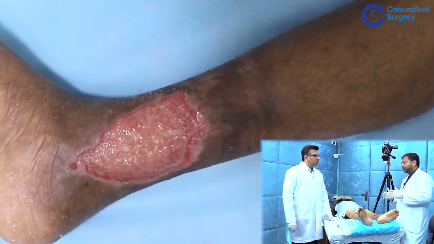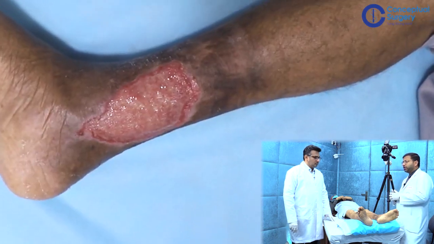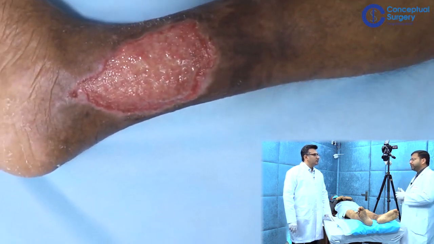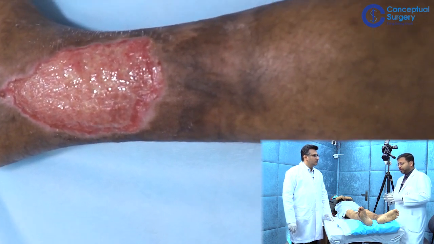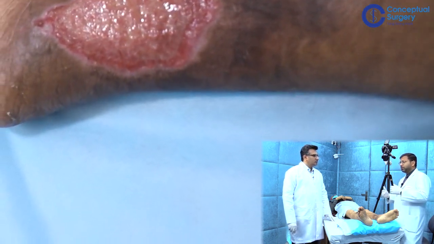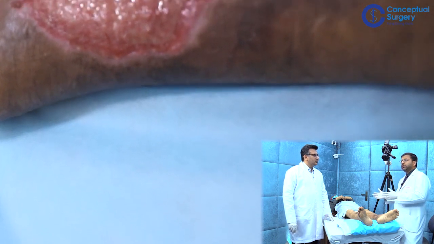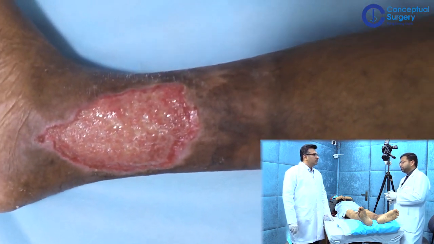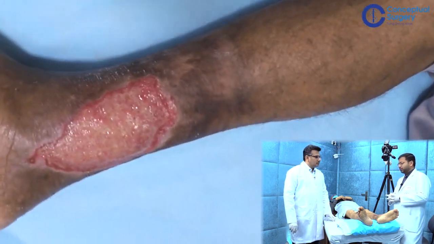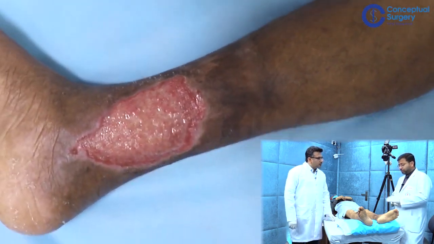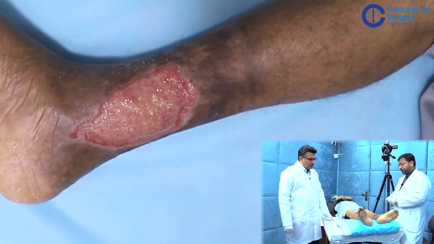Then you go and see the arterial system of that particular limb, the venous system, and the lymph node drainage. So basically, you go from inside out: the ulcer, the surrounding area, and the arterial, venous, and lymphatic systems of that limb, to ascertain the cause, the extent, and the differential diagnosis for the ulcer. So how do you examine an ulcer, Professor Gandhi?